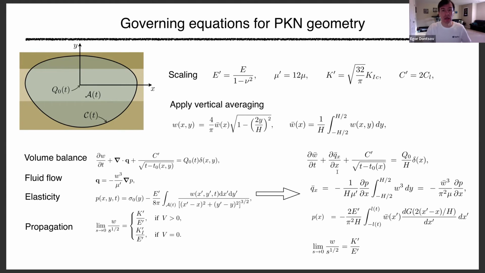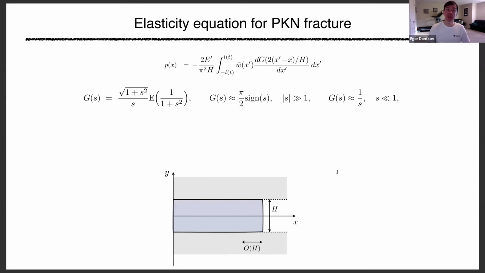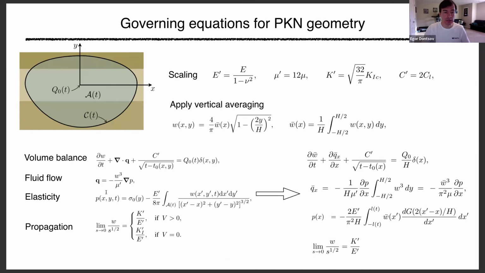One important thing to consider in PKN fracture is the elasticity equation, because technically this is your elasticity equation for a planar fracture. If you stick in an elliptical width in here, you can still integrate analytically over the vertical direction if you want, but your kernel here is going to be pretty nasty.